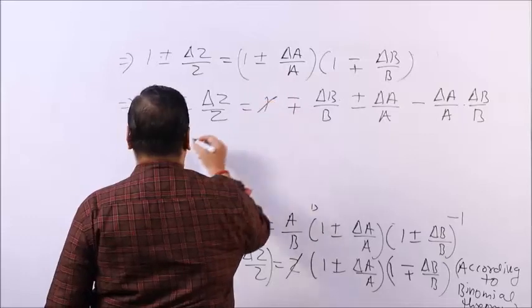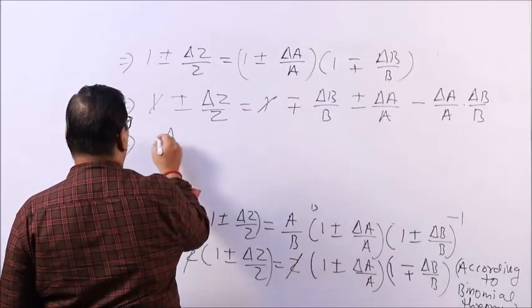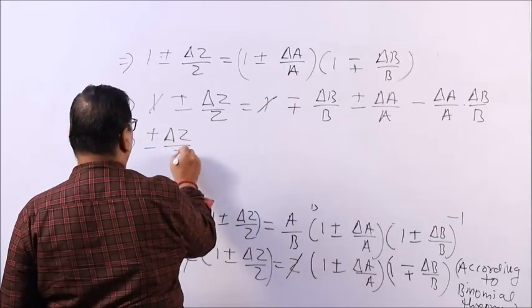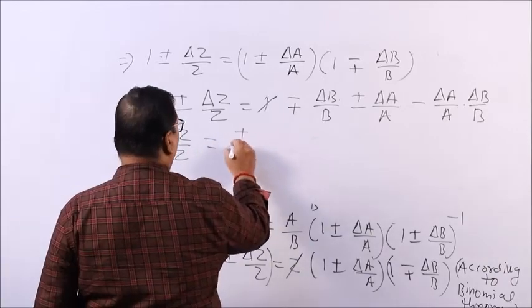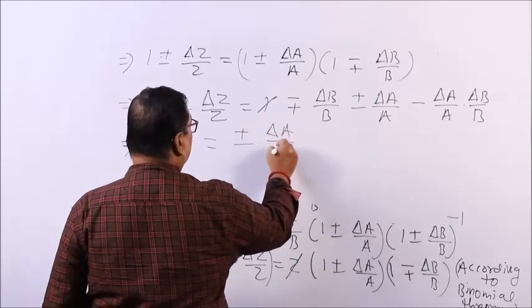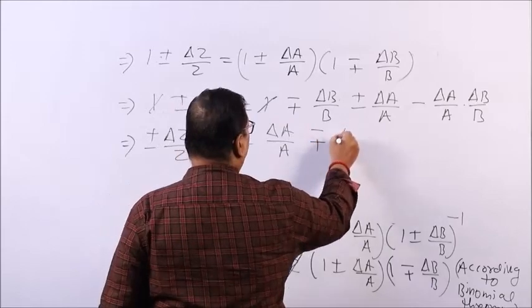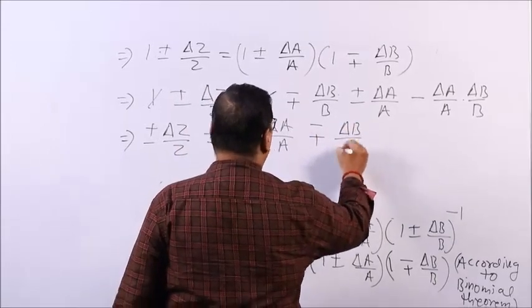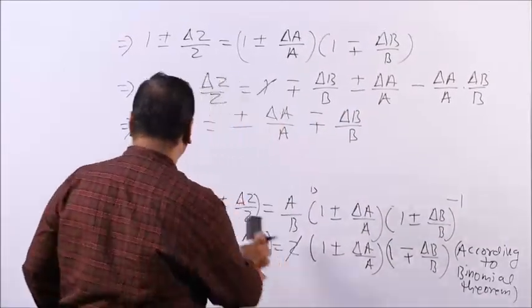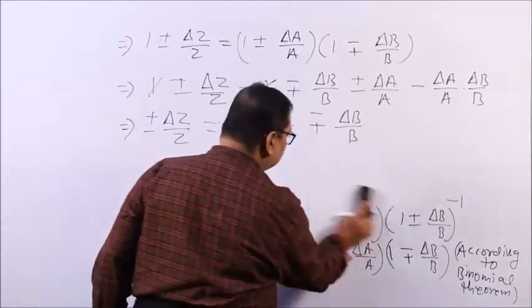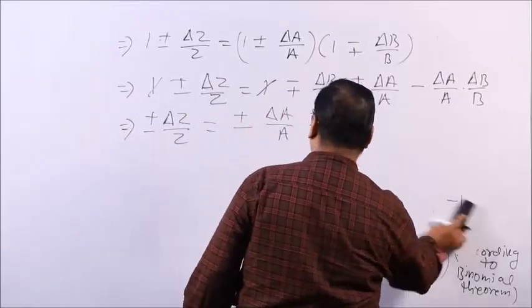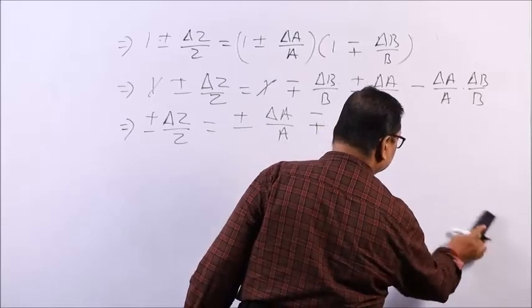Here 1 cancel, implied plus minus delta z by z equal to plus minus delta a by a minus plus delta b by b. In this case also there are 4 possibilities, plus minus, plus plus, minus minus, minus plus.